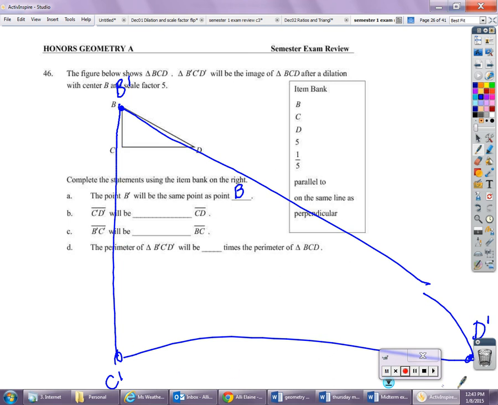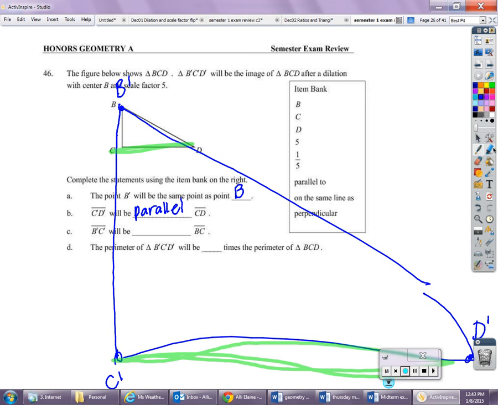C prime D prime will be what with CD? Oh, it looks like, if you look, CD and C prime D prime will be parallel. Same with B prime C prime.